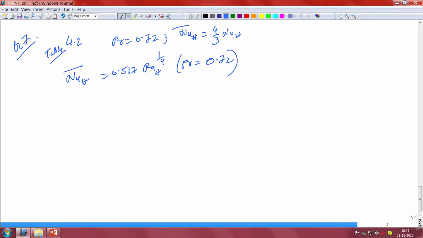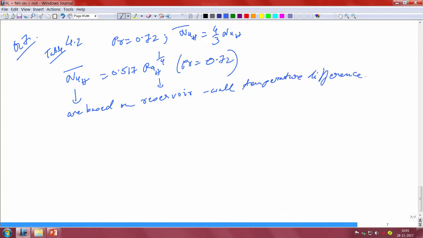Both this as well as this are based on the reservoir to wall temperature difference, which in this case is TH minus TW, remember that.